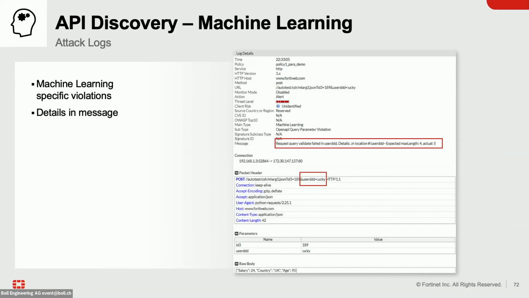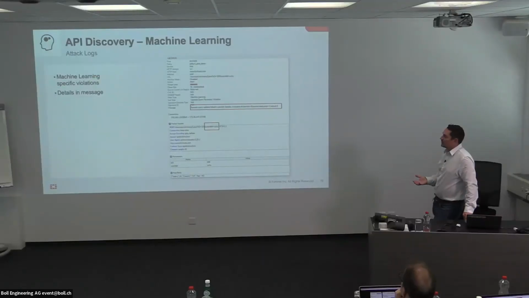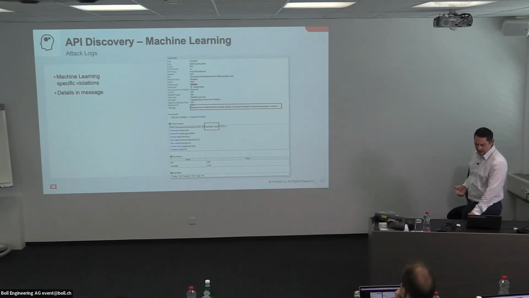You have a lot of details in the logs to understand what goes wrong, what the expected parameters are, the length, for example, in this case, and you can understand in detail what's going on, what this user tries to do. So it's an important topic to understand in more detail.